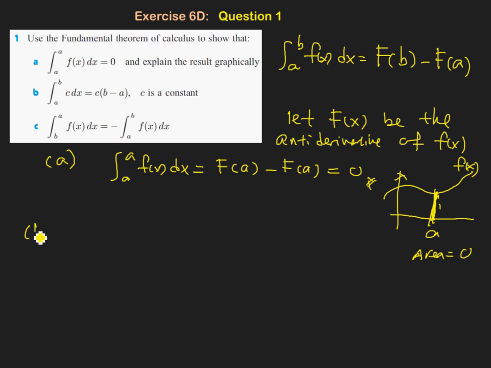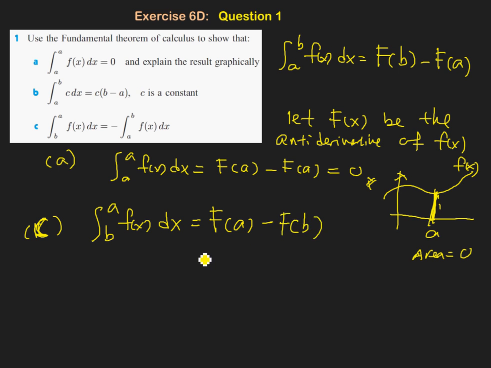Let's try C. How about this? How do we show this? We just use the fundamental theorem again, and according to the fundamental theorem, this F(a), remember we follow the order in which we put these two values. Since we started with a, we write F(a) first and then subtract F(b), and we can do this.